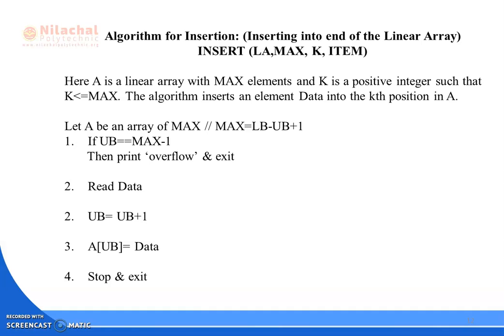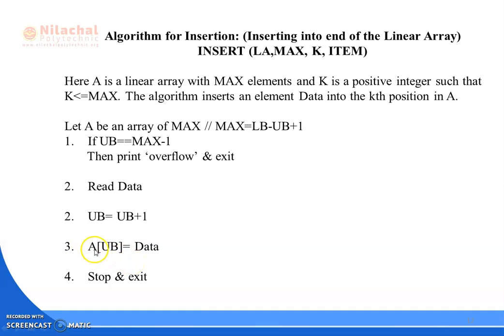After making the upper bound 5, that upper bound position is empty because there is no information stored in it. Now we will assign the data we have read, or taken as input, to that upper bound location. So in the fourth step, we will do A of upper bound is equal to data.